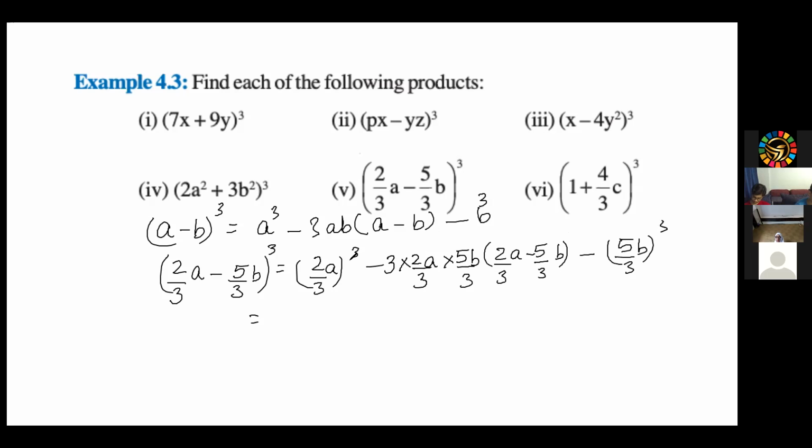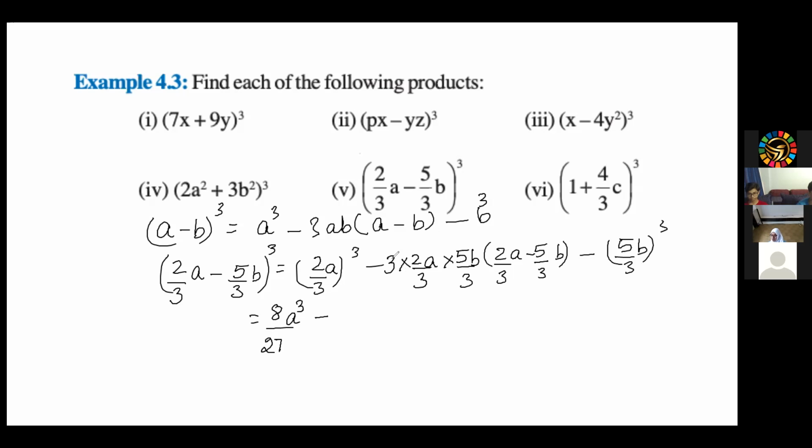What is 2 by 3a whole cube? 8 upon 9a. No, 3 also you have to cube. 8 upon 27 a cube. Minus, multiply.